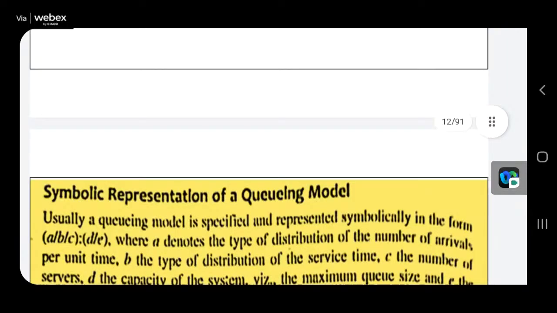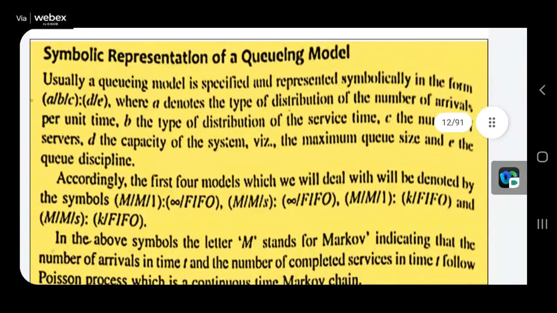So next, in order to represent or design a queuing model, first you need a basic representation. Any queuing model has to be represented in the manner of A/B/C/D/E. Here A and B represent the type of distribution.